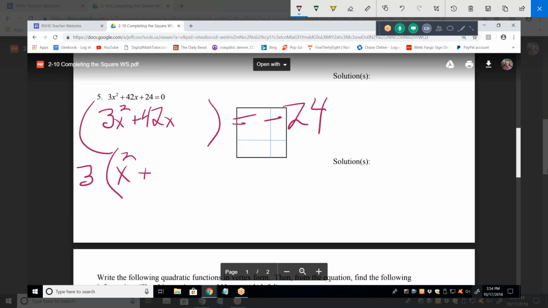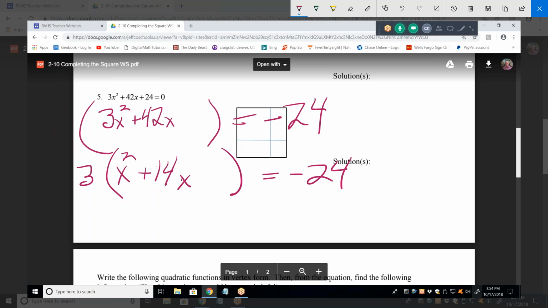It's going to leave this. Notice nothing has changed. Same equation as what we started with. You just divided that parentheses by 3, or you put it on the outside. You factored it. And the reason is you cannot complete the square until this x squared has a coefficient of 1.